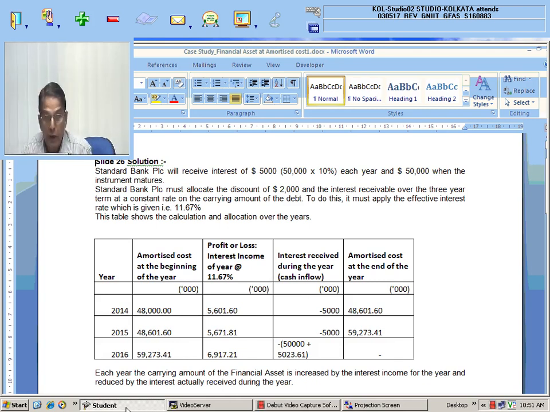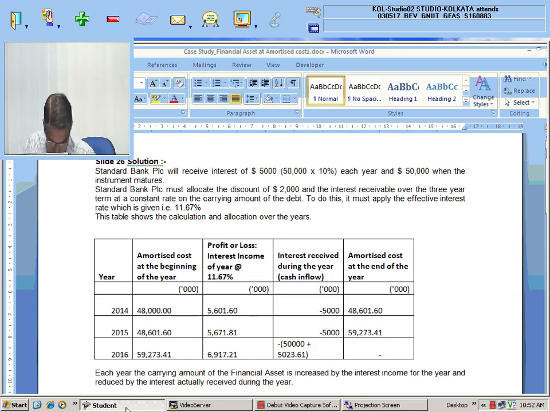So the correct amount of interest at 11.67% on 49,273.41 will be 5,750.21, correct.